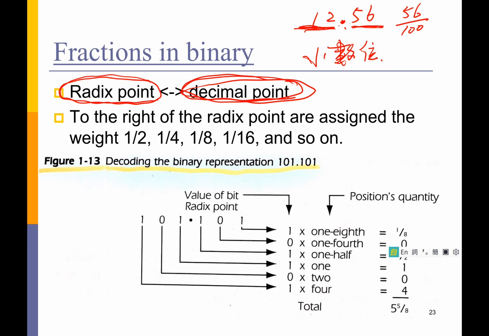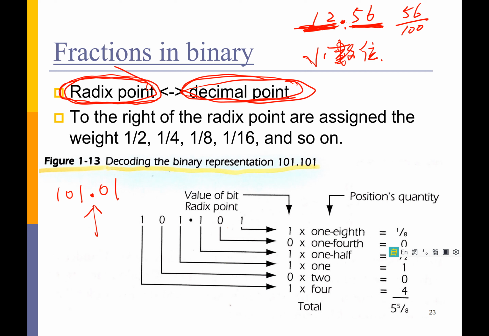Okay? So in the decimal system, we have 12.56, and taking an example in the binary system, we have 101.01, just like this. And this point is called the radical point.